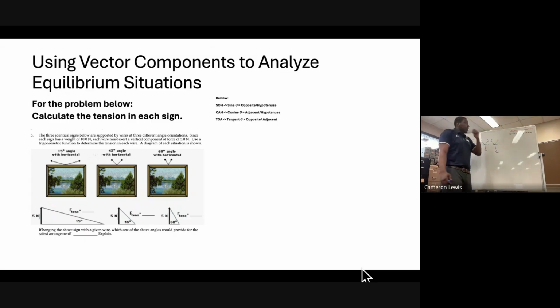Now, with us wanting balanced forces, what does that really mean? Whatever is in my y, I'm going to set my y equal to 0. That means my up must be equal to my down.